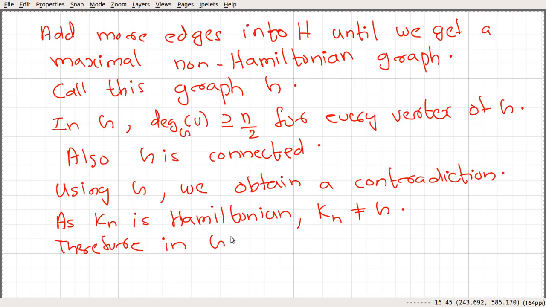Therefore in G there are two non-adjacent vertices.